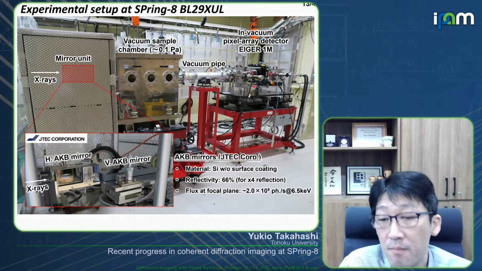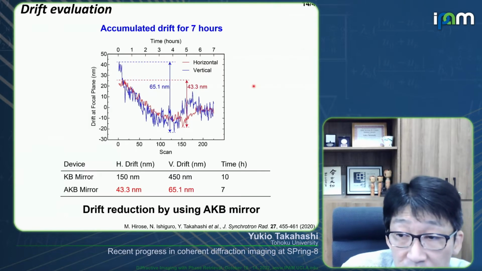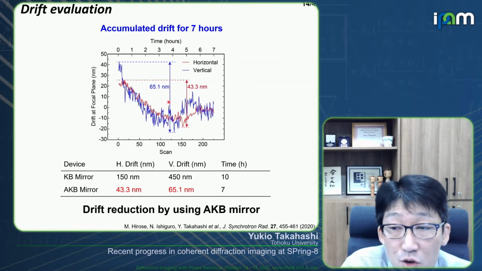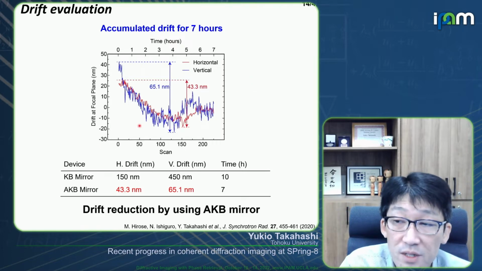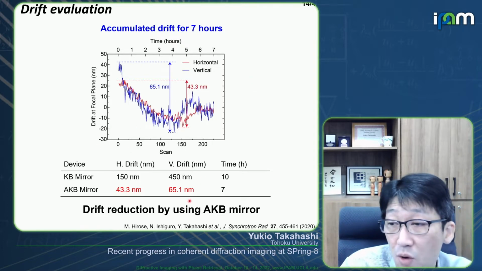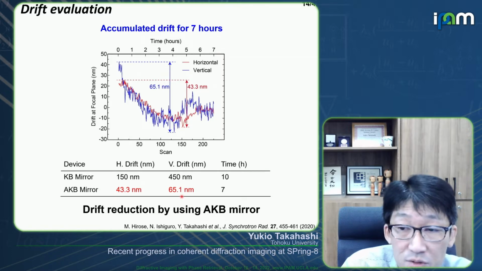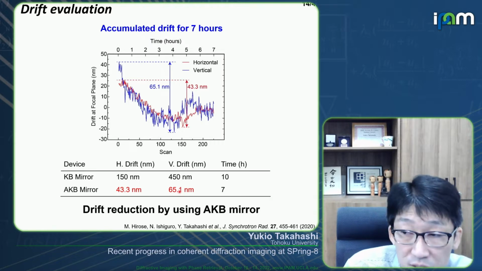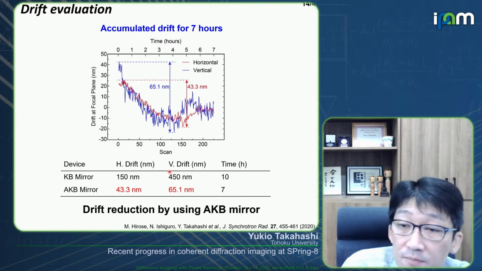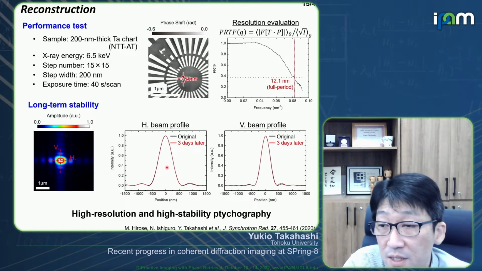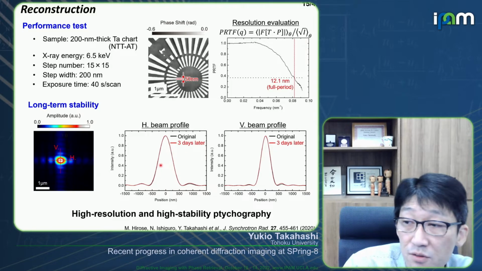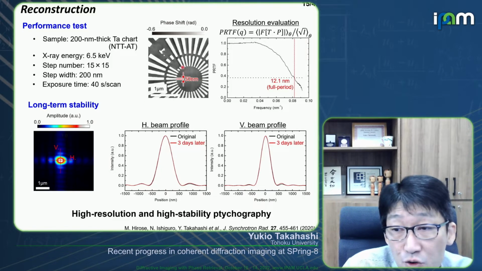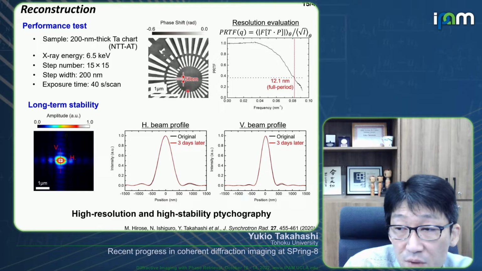This is the result of the drift evaluation. The accumulated drift for 7 hours is less than 100 nanometers in both horizontal and vertical directions, so the drift is greatly reduced compared with the conventional KB mirror optics. Next, I show the reconstruction result. In the performance test using a test chart, we clearly reconstructed a minimum structure of 50 nanometers.